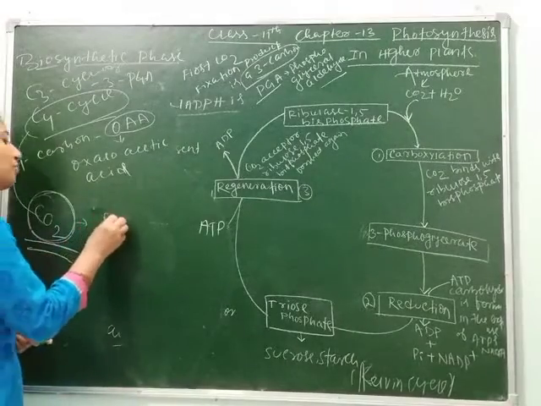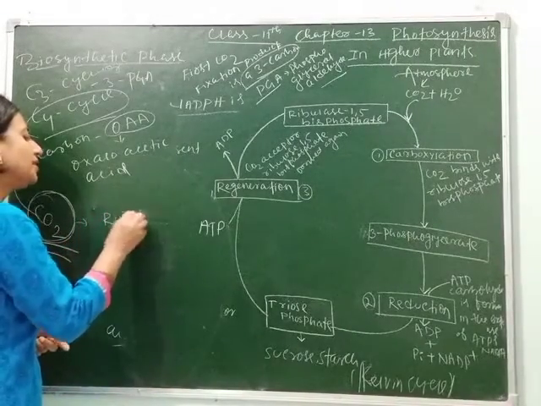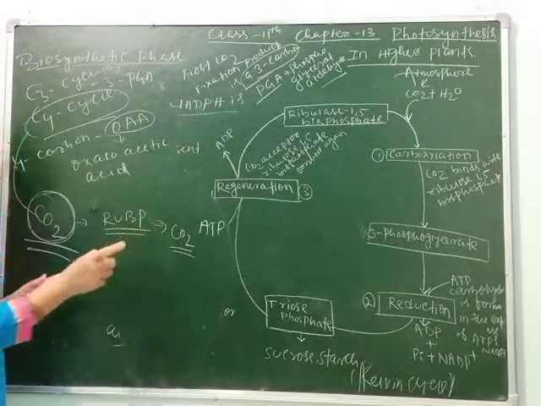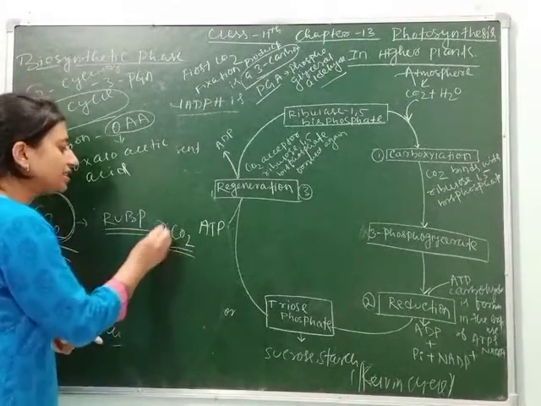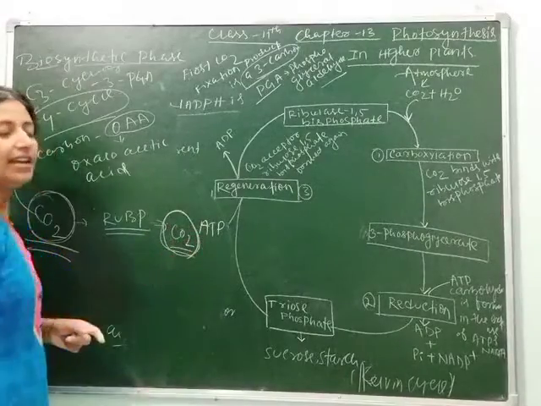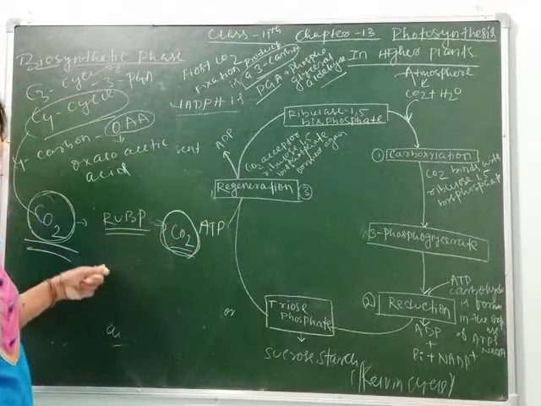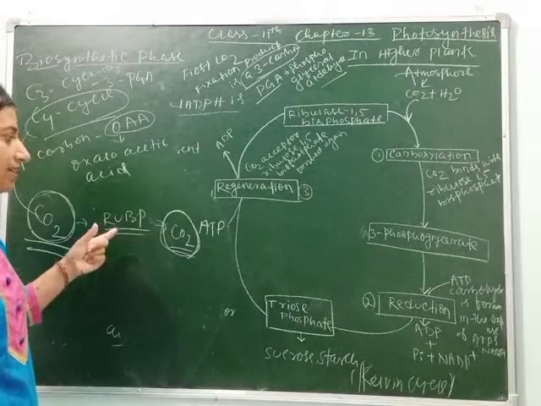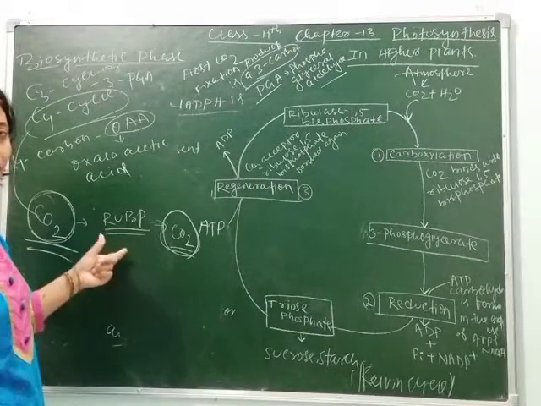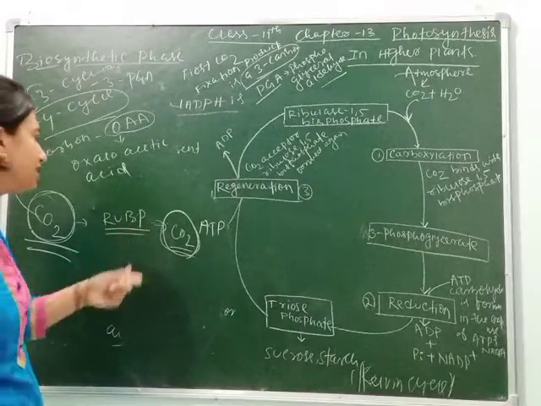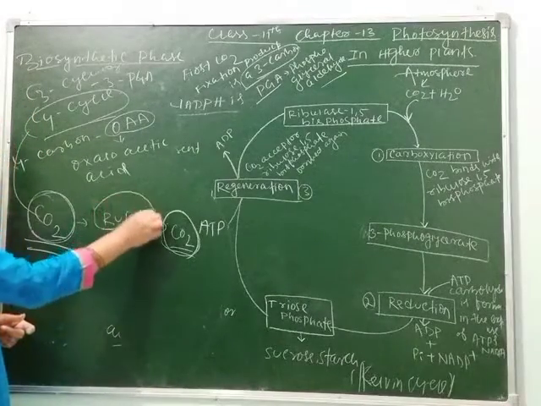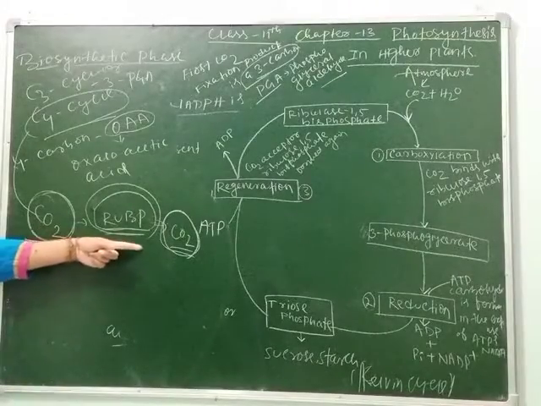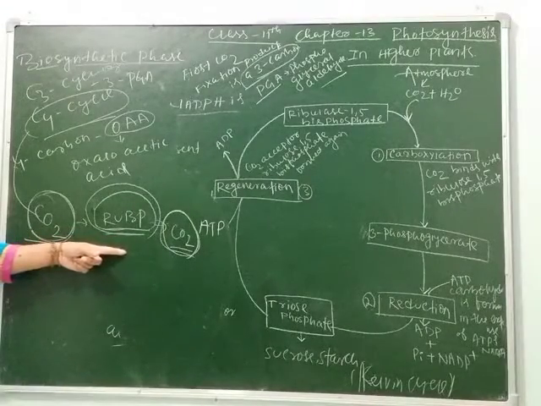Do you know what RuBP is? RuBP is the primary acceptor of CO2, the center in the chloroplast which receives carbon dioxide, just like photolysis occurs in the chloroplast, at the thylakoid membrane, chlorophyll a, which is called the reaction center. So here RuBP is the center which accepts carbon dioxide for photosynthesis.